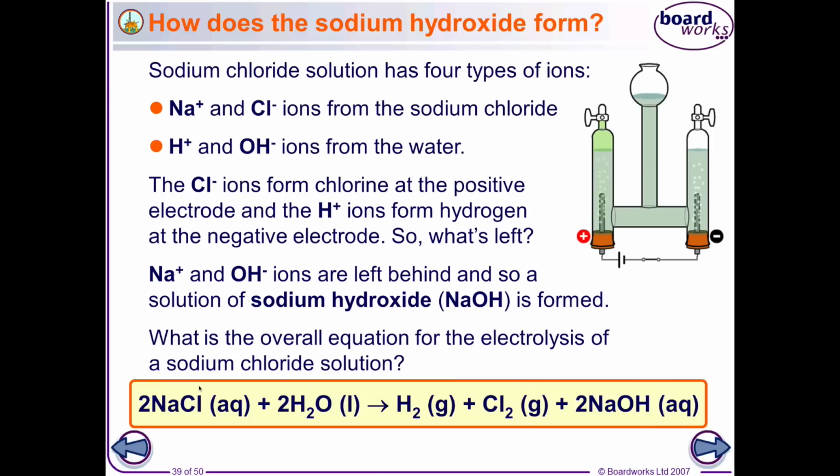And then just to reiterate, left behind, once you've lost your H plus and your Cl minus, you've got Na plus and OH minus, which is your sodium hydroxide, and that's left in the solution afterwards.